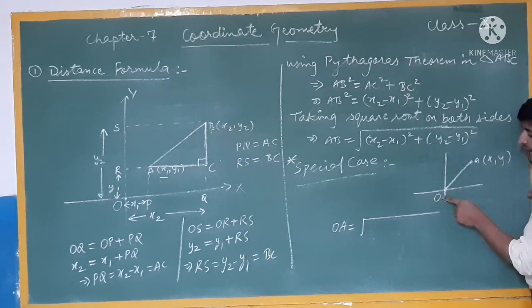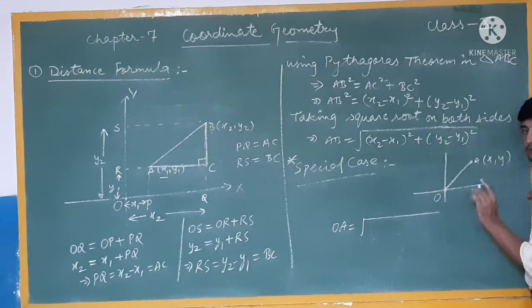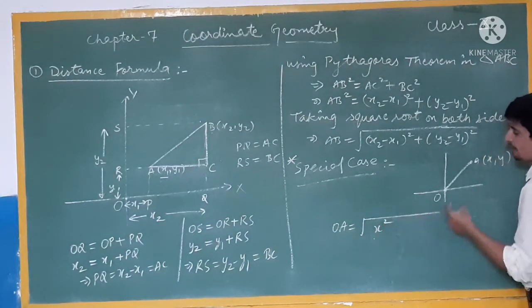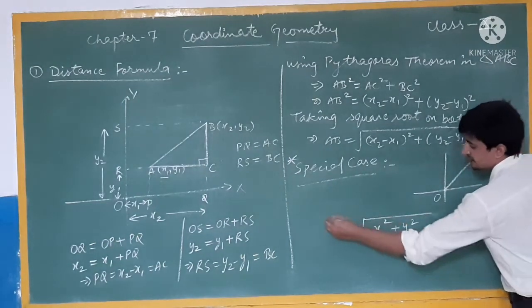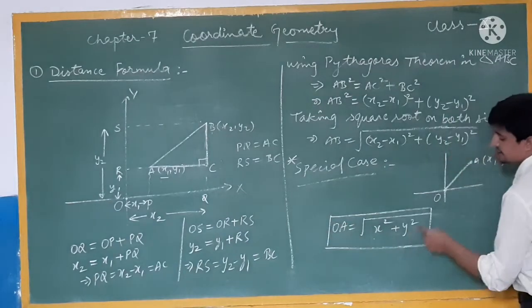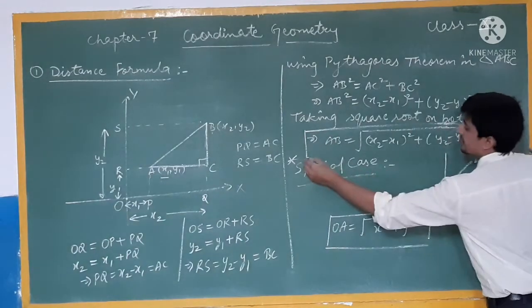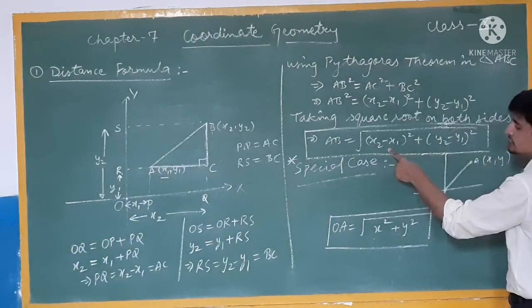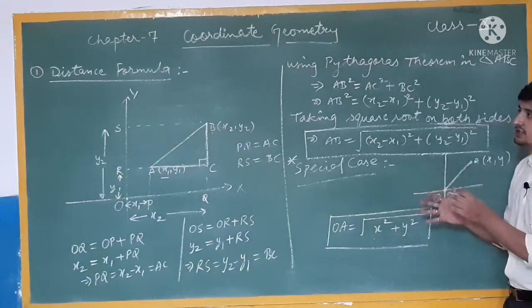But here the coordinate of origin is 0 comma 0, so put 0 and 0. x2 minus 0 gives x, and y2 minus 0 gives y. So x minus 0 is x, whole square is x square, and y minus 0 is y, whole square is y square. So this is the special case, that OA is equal to root over x square plus y square. And the proper distance formula is AB equals root over x2 minus x1 whole square plus y2 minus y1 whole square. This is the proper derivation of the distance formula.